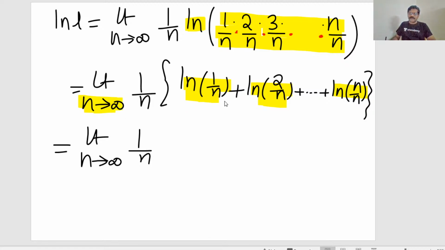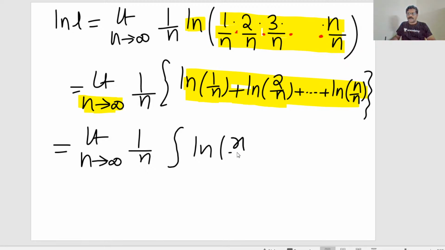When n is very large, step length is negligible. That's why I am going to write this series in the form of an integral. Whenever n is very large, step length is negligible, you can treat this series as continuous.